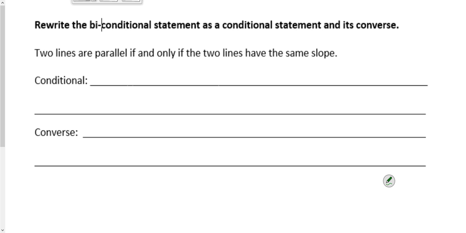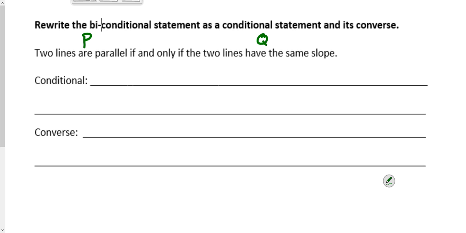Our biconditional is: two lines are parallel if and only if the two lines have the same slope. So two lines being parallel would be P, and the two lines having the same slope would be Q. In our conditional statement, it's if P, then Q.